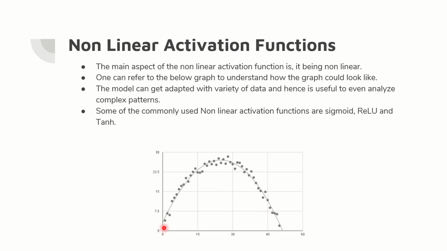It is not linear and it is not going from here to here. Instead, it goes like this, and you can see that the data points are all covered here. It is very helpful to adapt to a variety of data, and complex patterns can be analyzed using nonlinear activation functions. Some of the very famous nonlinear activation functions are sigmoid, ReLU, and tanh.